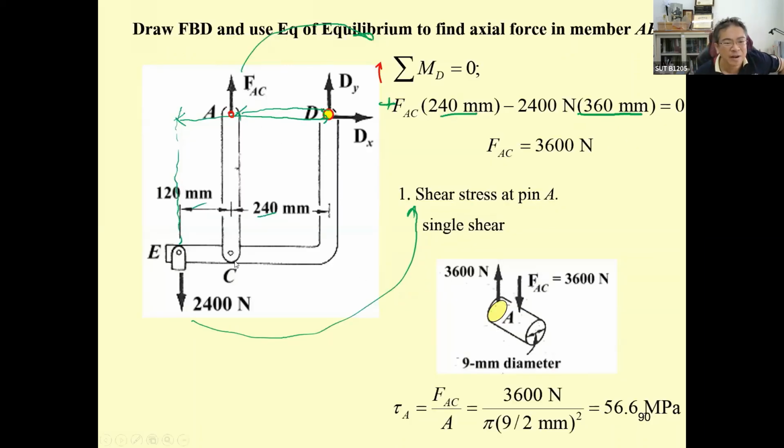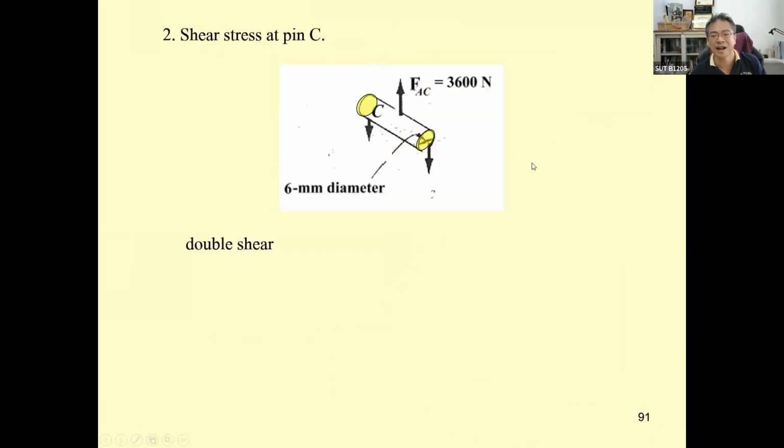Okay. Now next, over here, there is two force link over here. So that is what is going to be double shear. So 3,600 divided by 2 to be 1,800, and this is going to be the size of diameter 6 millimeter.